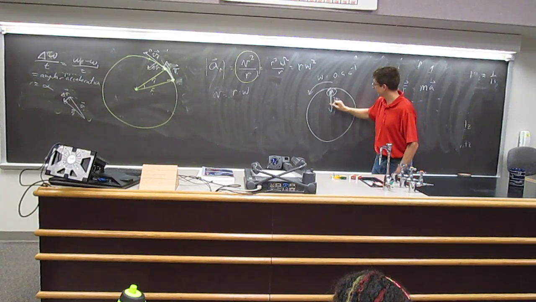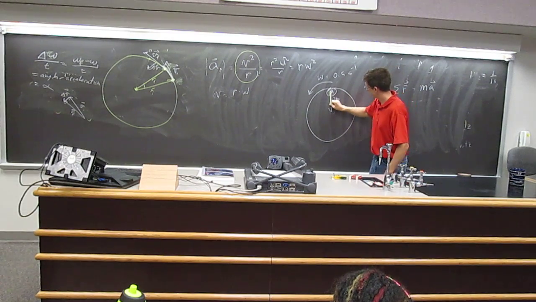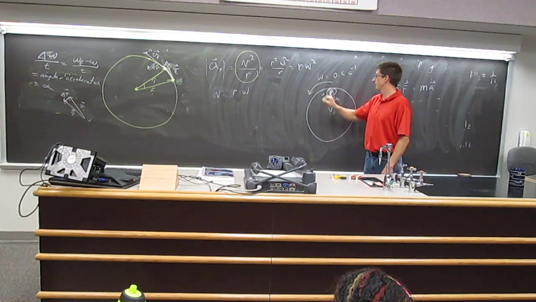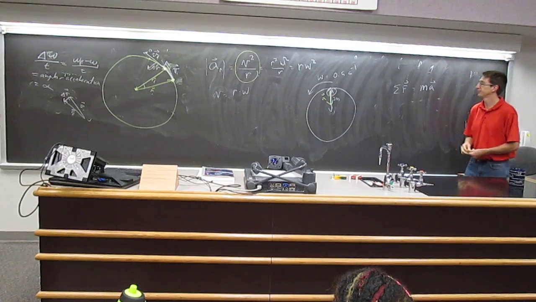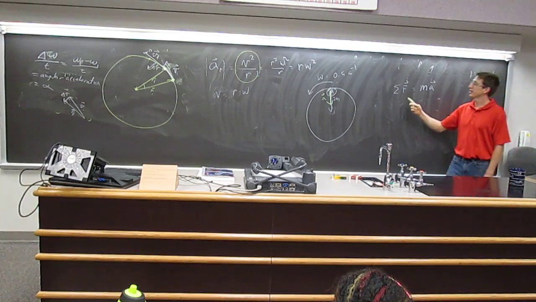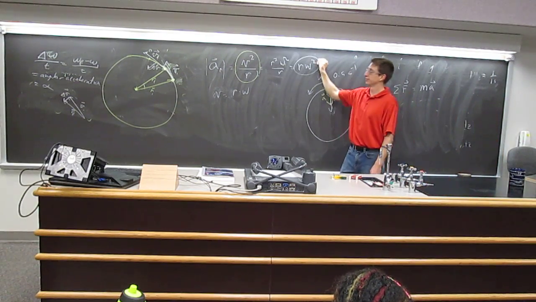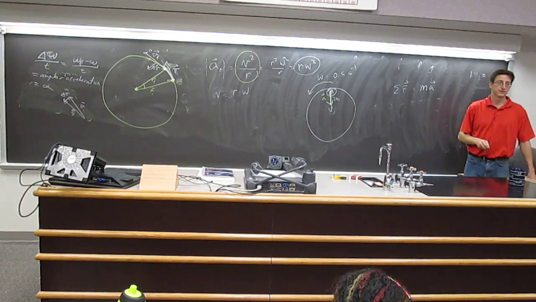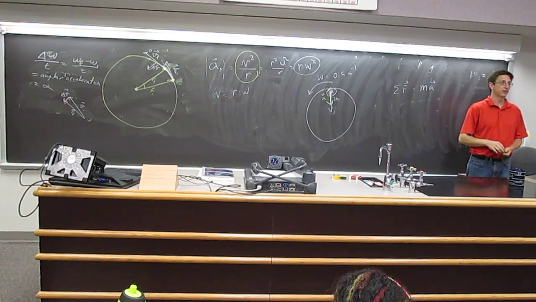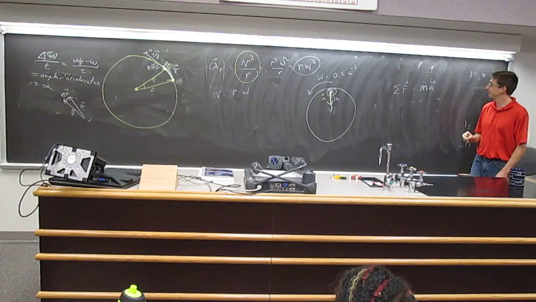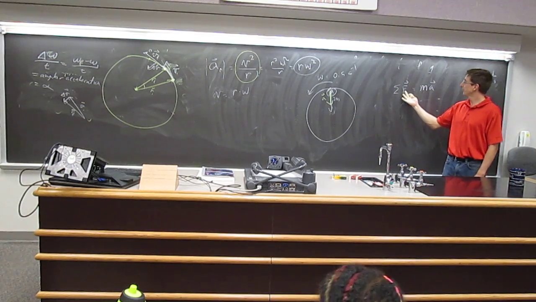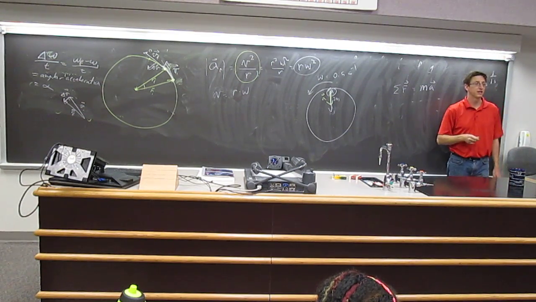So that means A, let me draw A. A will be pointing in that direction, and it has to have this magnitude. That's what it means to be moving in a circle. So whatever the forces are, they have to add up to that to keep it in a circle.